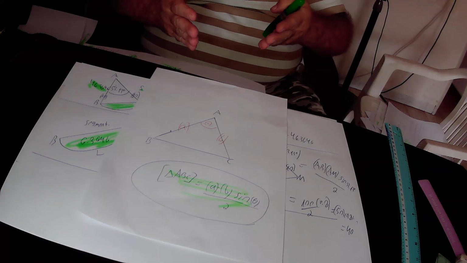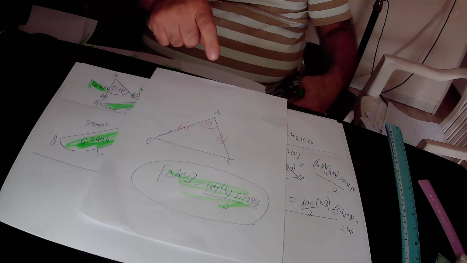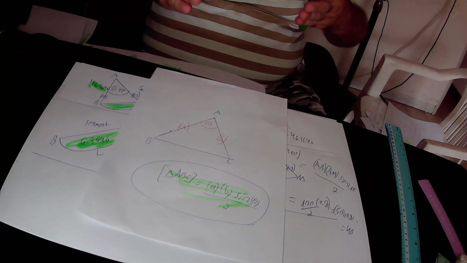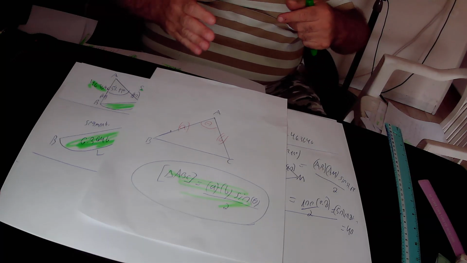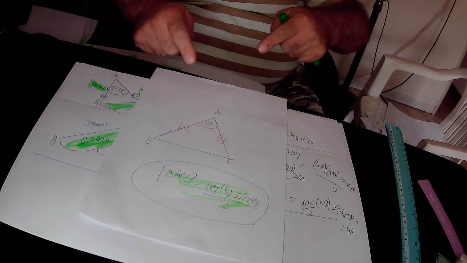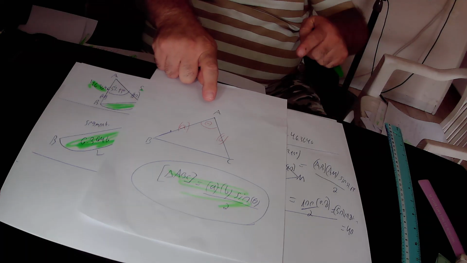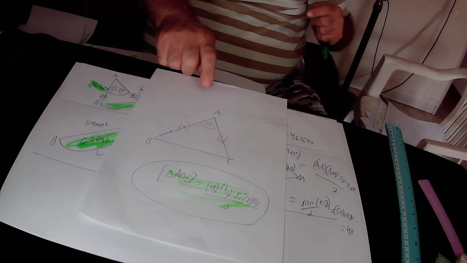So, the area of this triangle ABC equals a times b times sine theta over 2. Again, the area of any triangle equals a times b, the multiplication of the two sides, times the sine of the angle between those two sides, sine theta, over 2.